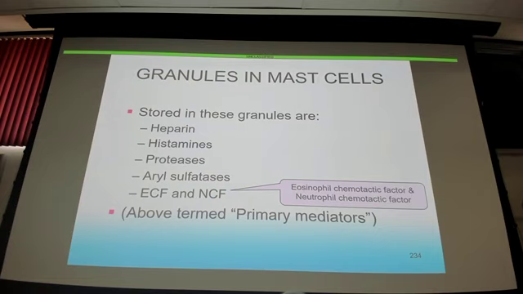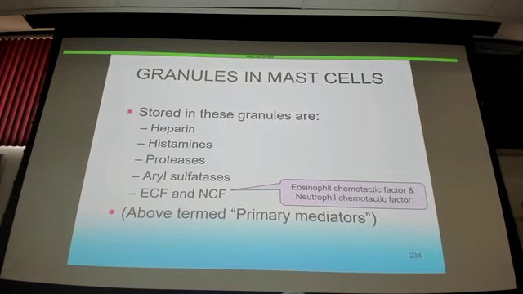If you have a mast cell sitting there in normal conditions, nothing's going on, there's no infection, they store inside of them things like heparin, histamines, proteases, and arylsulfatases. If you don't know what those are, that's fine. ECF, I put a box on there just because people would always ask. You don't need to know it in here, but it's eosinophil chemotactic factor.